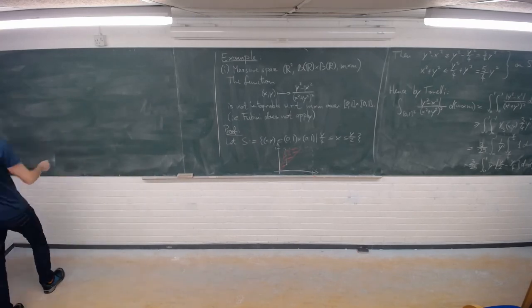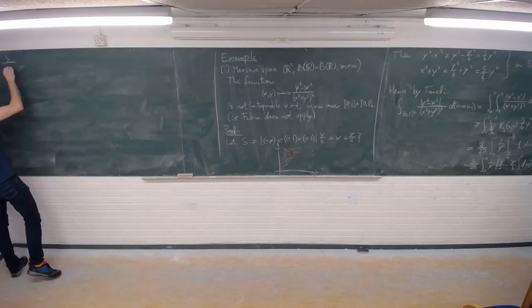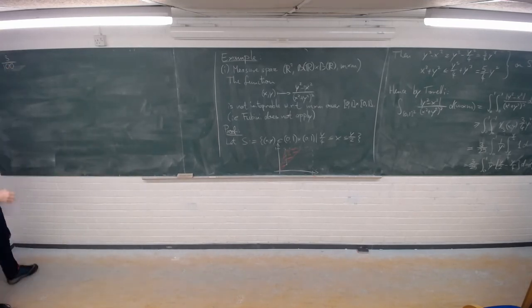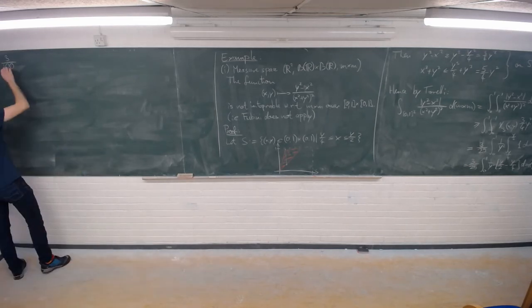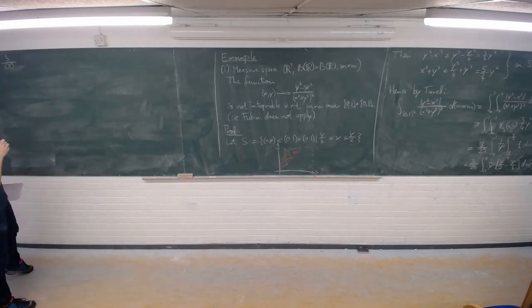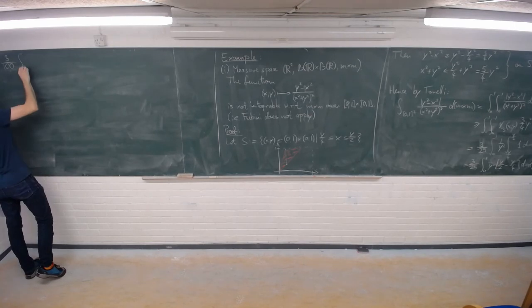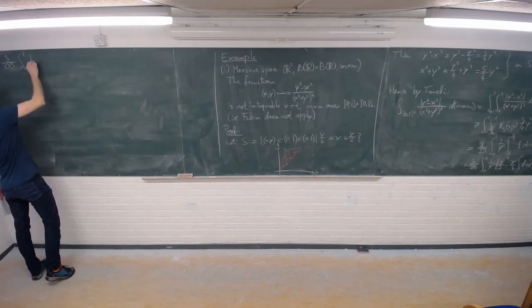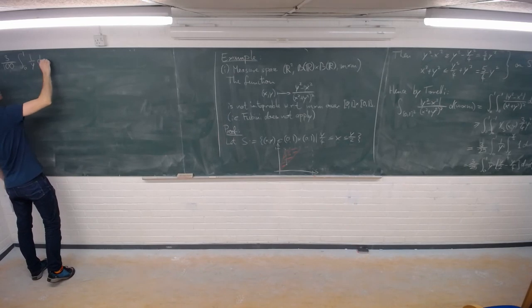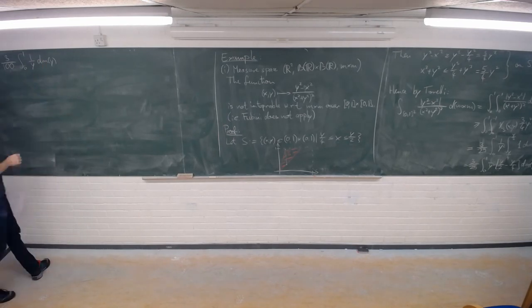So we get 3 divided by 100 now, because this 1 over 4 factor we can absorb in this prefactor, and then integral 0 to 1, 1 over y dm of y.